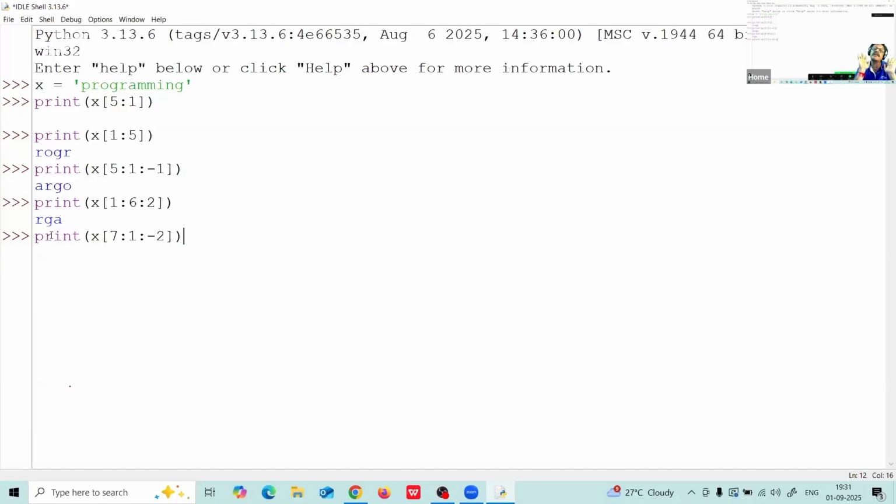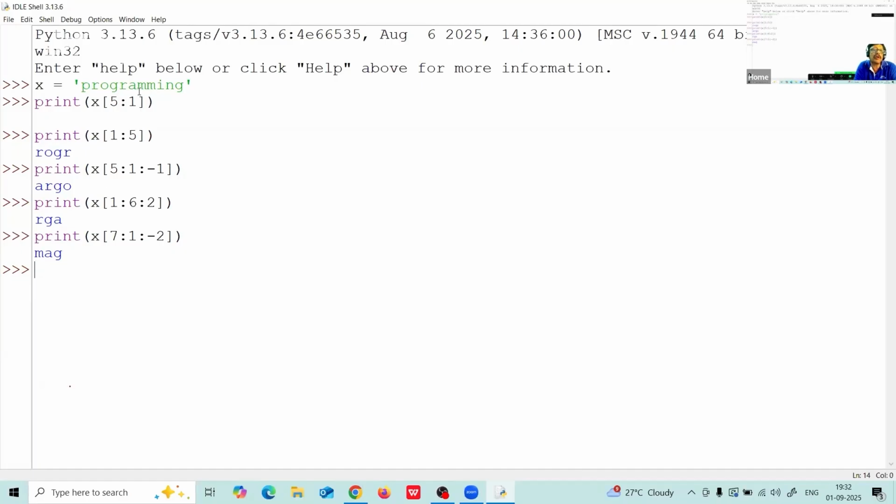So everything is in place. Start is greater than stop. Increment is negative. But then which letters will be taken out? 7, 5, because we are decrementing by 2. 7, 5, then 3. That's it. And then 1 won't be taken because 1 is stop. Okay. So you can see 3 letters were taken.